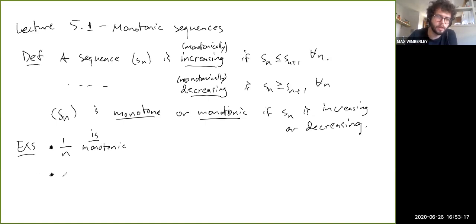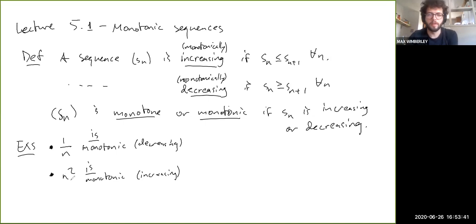Something like n squared. And this one, by the way, of course, is decreasing. This also is monotonic. Of course, this one is increasing, at least provided that n starts from some positive number.